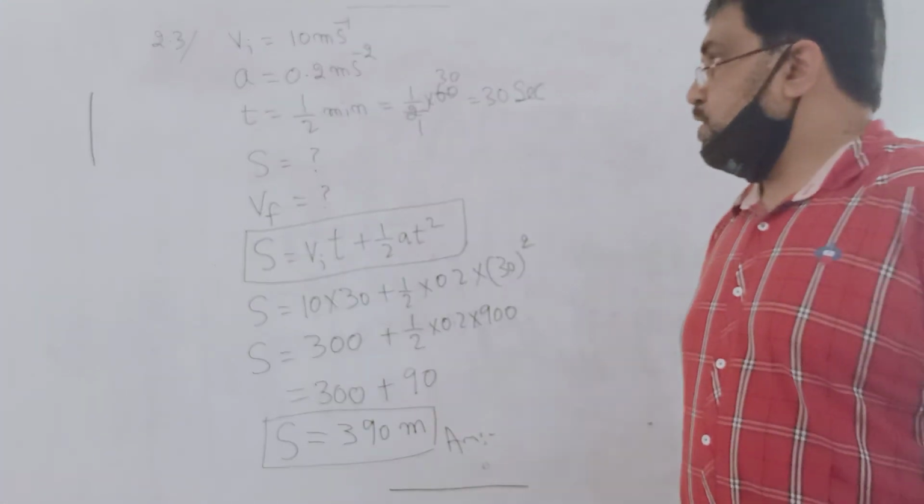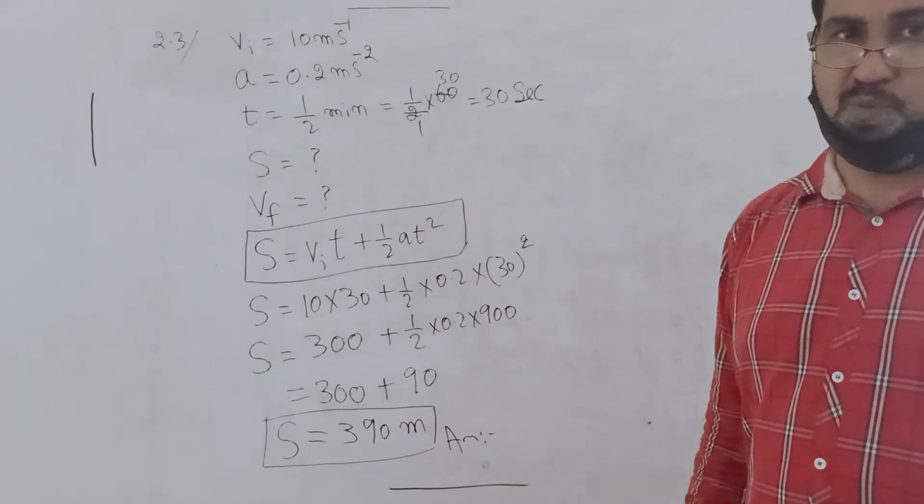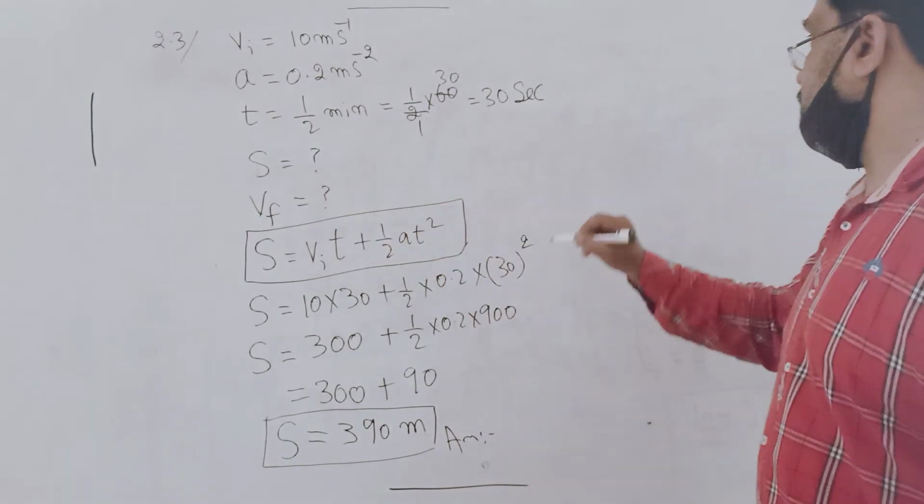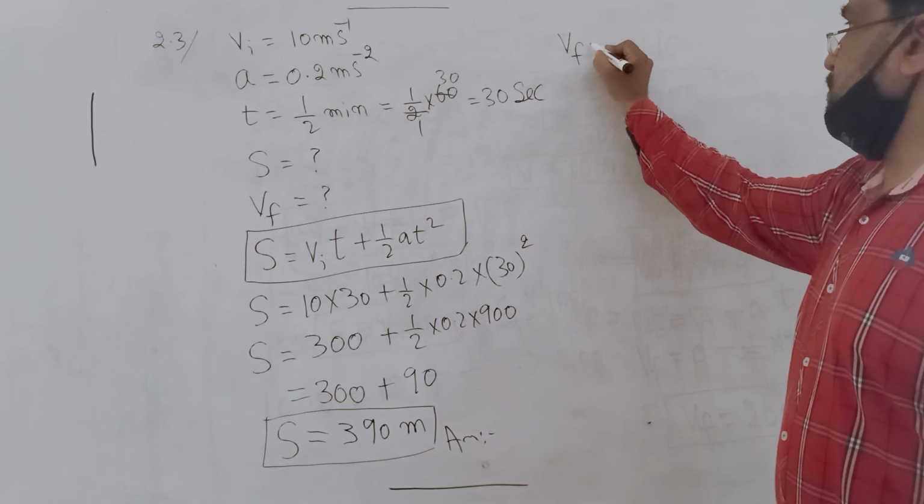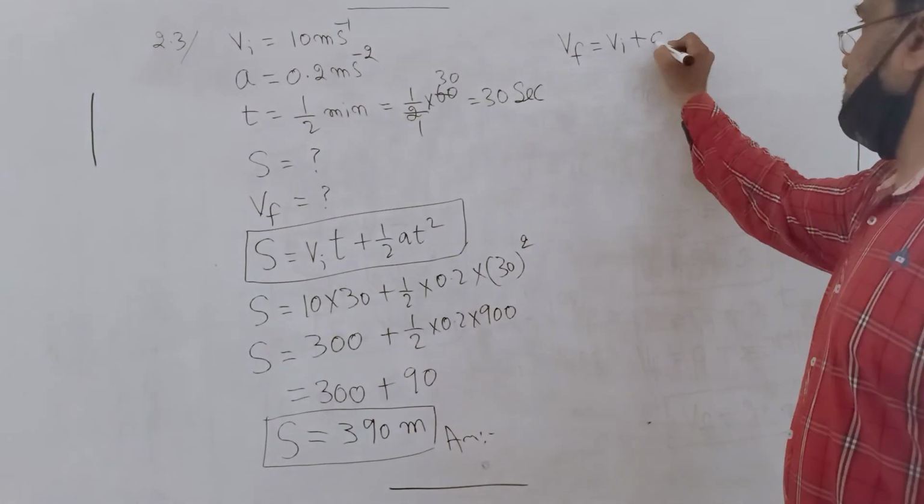Now we use first equation of motion to find the value of Vf. Vf is equal to Vi plus At.